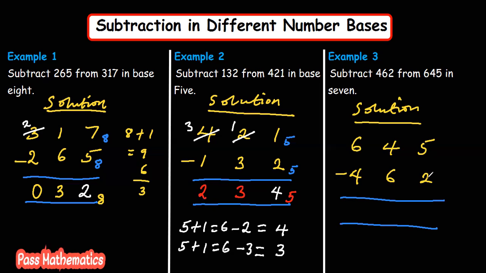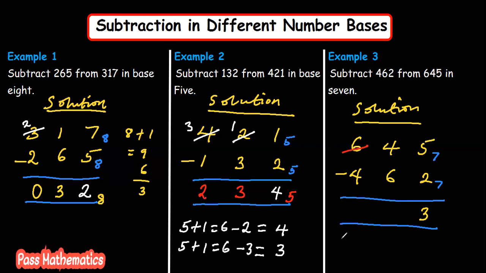Okay, so 5 minus 2. Let's not forget to write the base so that this is easy. It is in base 7 as well. So 5 minus 2, we can do that. So we are going to have 3 here. And then 4 minus 6, we cannot do 4 minus 6 because 4 is less than 6. So we are going to borrow 1 from this guy, and when we borrow that 1, we add it to this base.